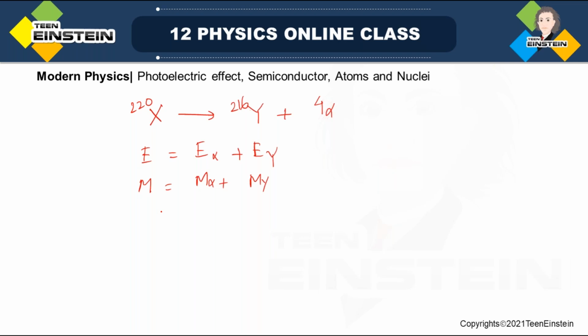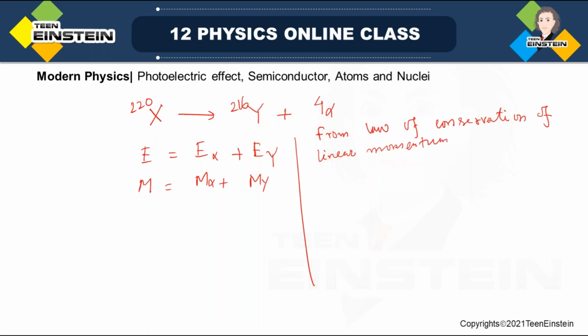From the law of conservation of linear momentum, we have to find out the kinetic energy.